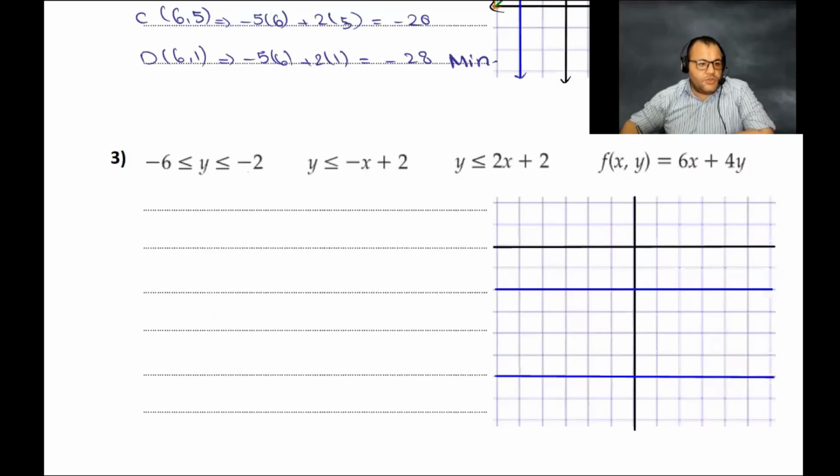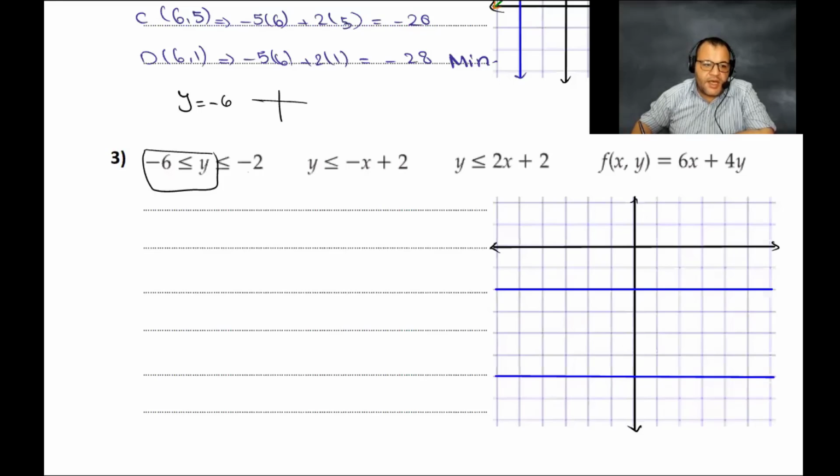So this will be the first line. When I say y equals any number, just take one side. So y is equal to -6. What is the meaning of y equals -6? It's represented by a line parallel to the x-axis that intersects the y-axis at the point -6.